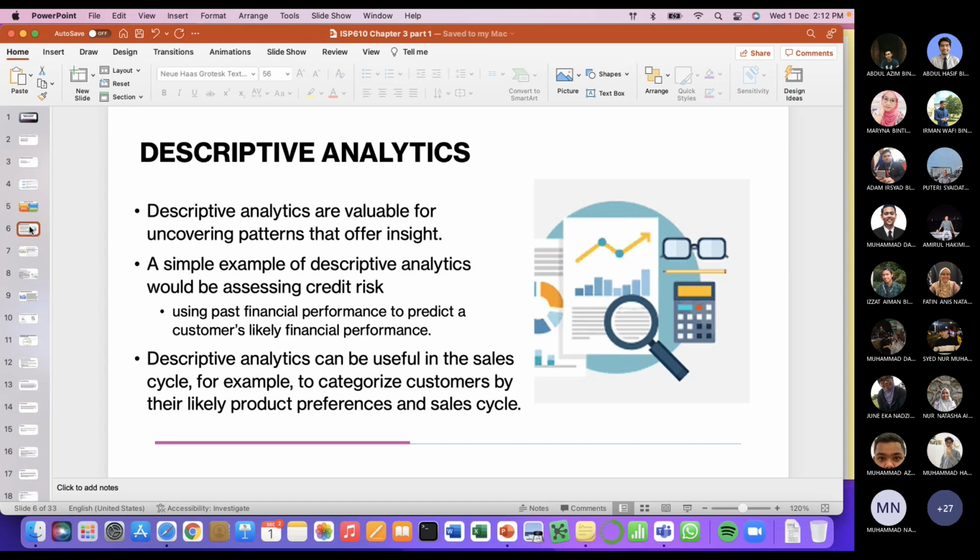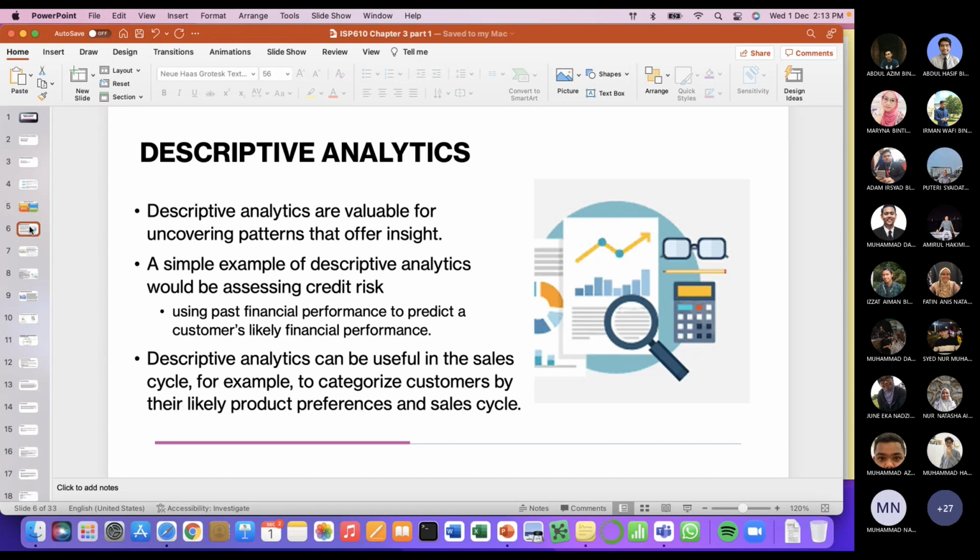Okay, usually the financial institutions, banks, apa semua tu, they will use the historical data about their customers. For example, let's say the customer applies for a loan. Based on the historical data, they will evaluate. Maybe they will look at the salary, the track record, how the customer pays their loans.